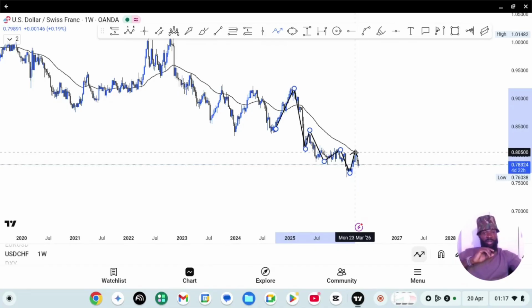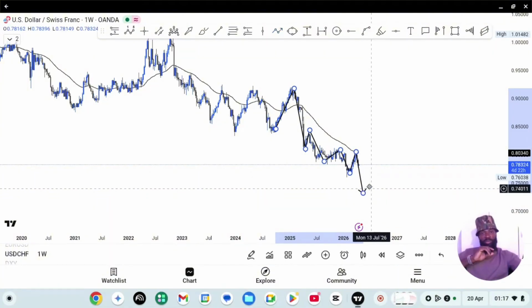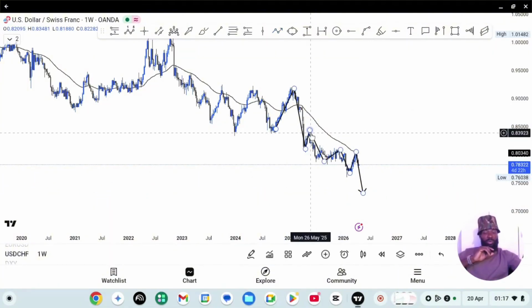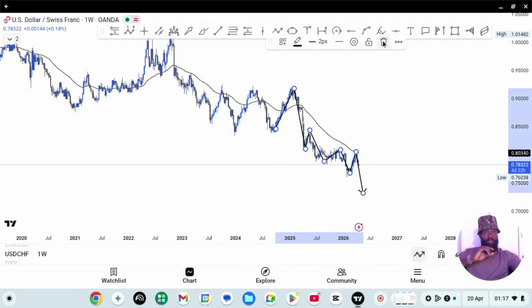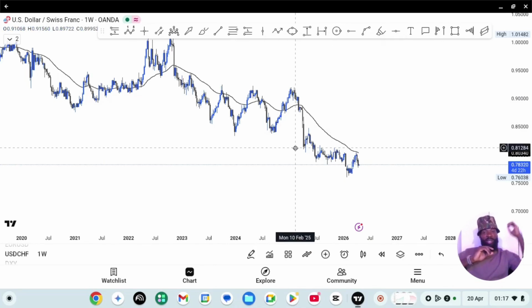Now we have the last lower high, and we're expecting this market to give us another new lower low. On this weekly time frame, we have established a clear downtrend. Let's move down to the daily time frame.